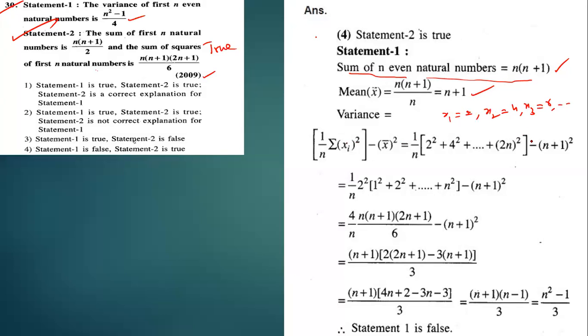Like that, you can apply this. The formula is sigma x square by n minus x bar square. That is the variance formula. Simplified, dear students, this is the sum of the squares of the even natural numbers. On simplifying, we are getting (n square minus 3)... So statement 1 is false. Now, where is the answer? Option 4.